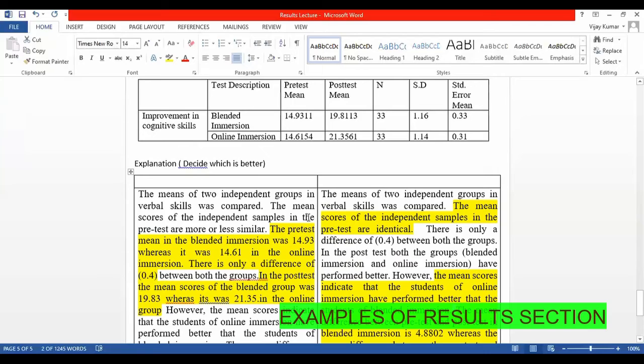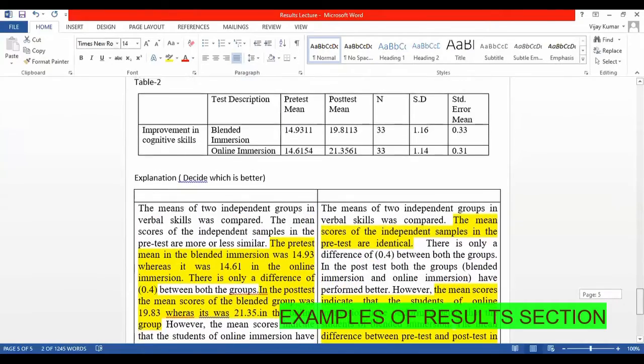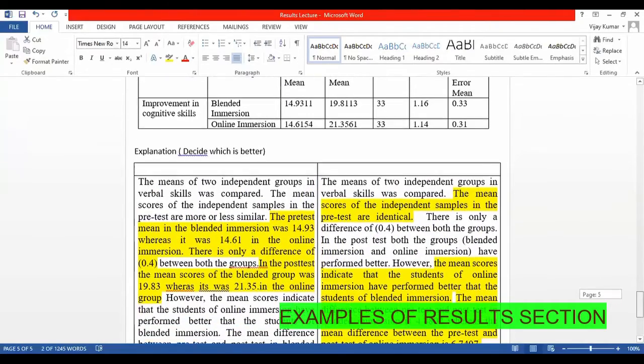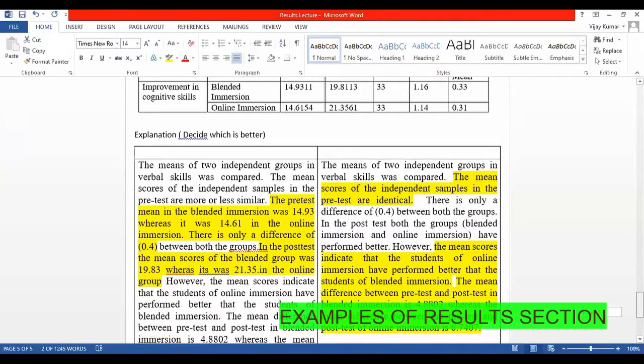And I've also explained the means of the post-test for the blended and online immersion. I went on to explain the number of students, the SD, and the standard mean error. So in the first example, I have only presented whatever is in the table.